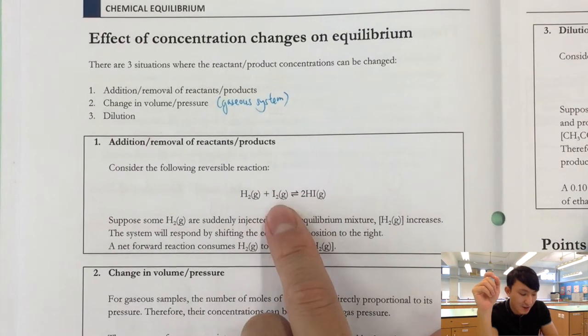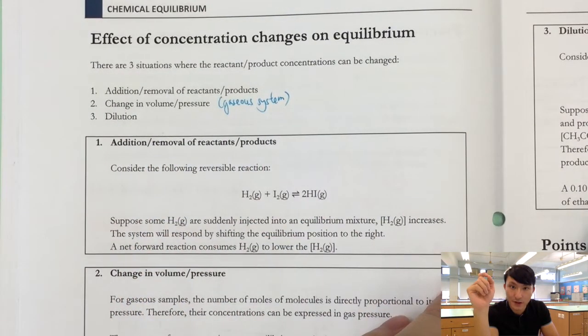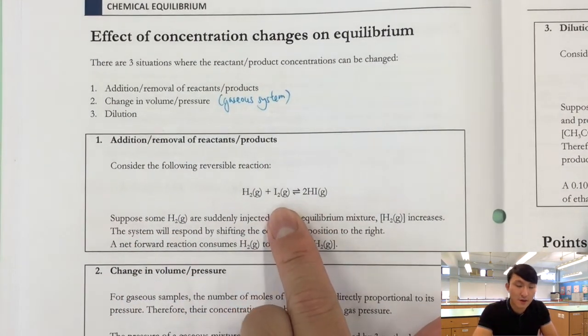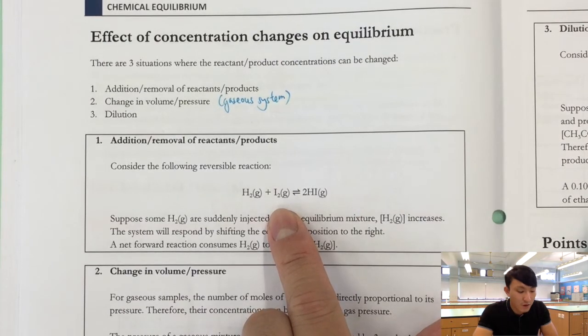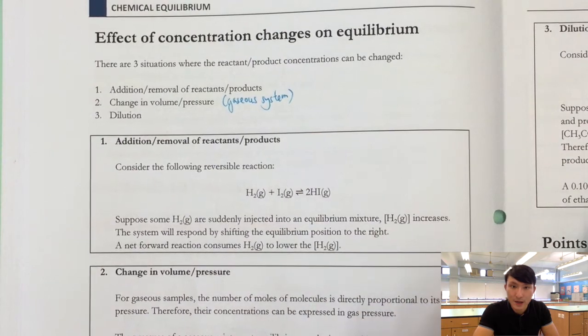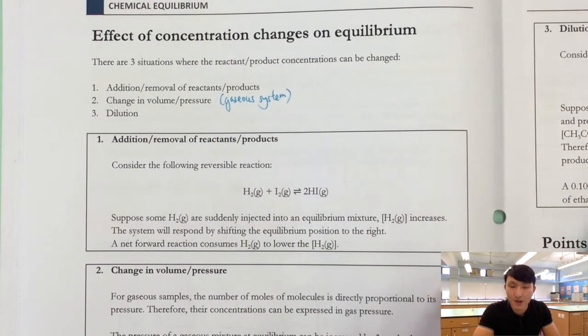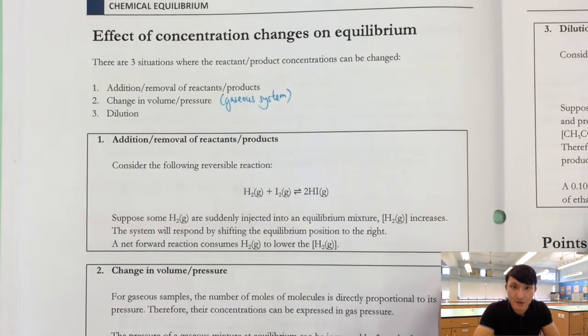So originally, the mixture should be purple. And when we add hydrogen gas, it will shift the equilibrium to the right-hand side, so the concentration of iodine decreases. Therefore, at the new equilibrium state, we should expect the mixture to be less purple, or the color intensity of purple color decreases.